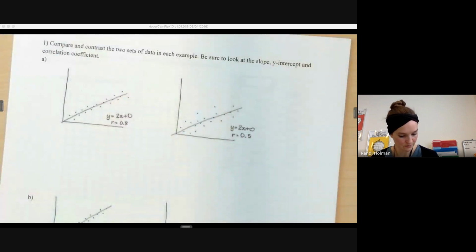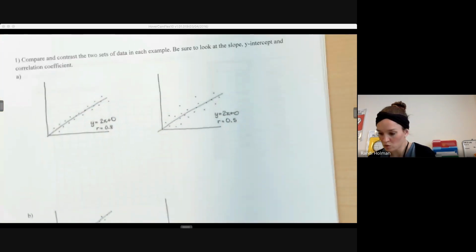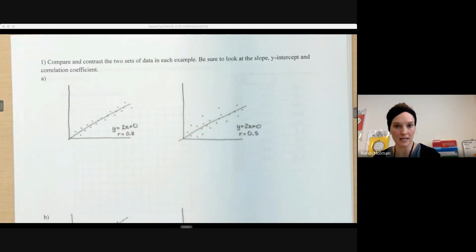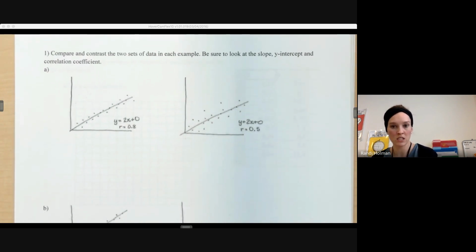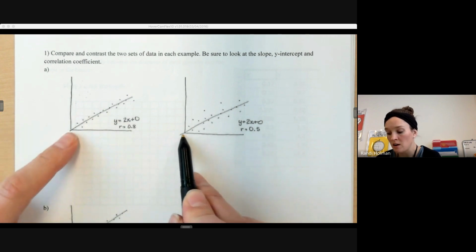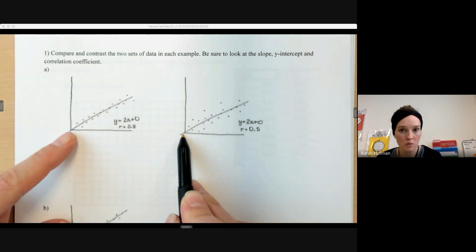So let's compare and contrast two sets of data. We're going to be thinking about those positives, negatives, intercepts. What is our correlation coefficient telling us? If we're looking at these two models here, both of these models start at 0, so they both have the same y-intercept.